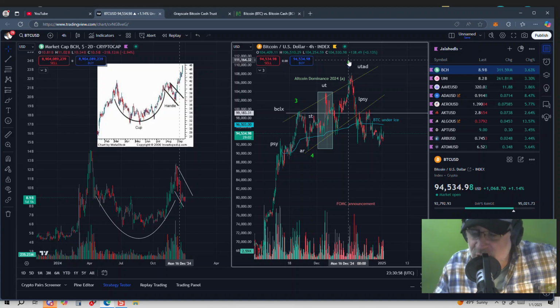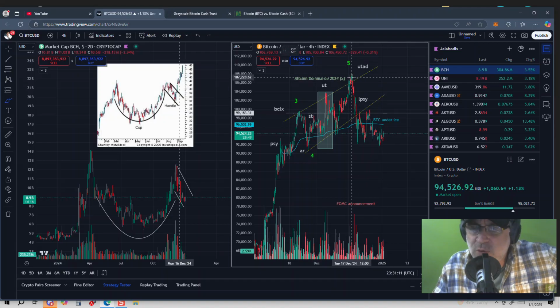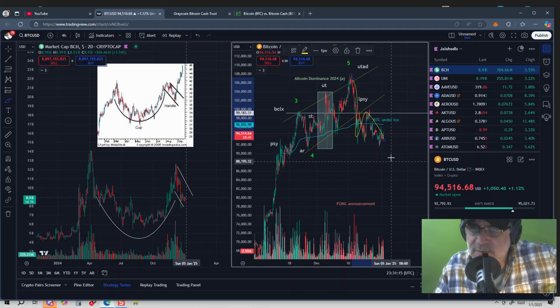It was manufactured. I think they knew exactly what they were doing, and they needed a catalyst to effectuate the sell-off. And then we have the LPSYs, which form, conveniently enough, the ABC macro correction coming on.